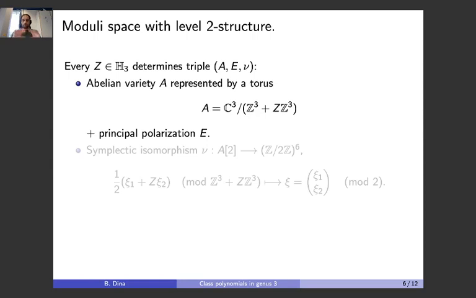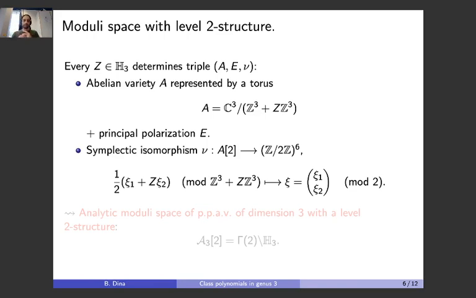In order to introduce our algorithmic solution to this problem, we will introduce some level structure on abelian varieties. Every point in H3 determines a triple (A, E, nu), where A is an abelian variety with torus representation, plus a principal polarization given by some Riemann form E, and, of interest to us, a symplectic isomorphism nu from the set of points of order 2 into the F2-module Z modulo 2Z to the power 6.